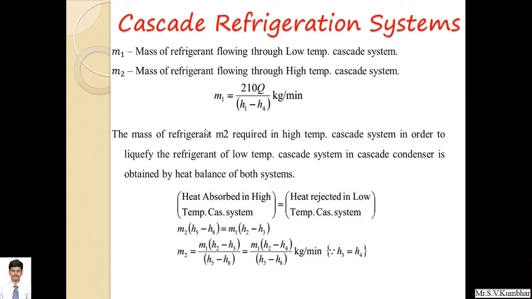The mass of refrigerant M2 required in the high temperature cascade in order to liquefy the refrigerant of the low temperature cascade in the cascade condenser is obtained by balance of both systems, that is, heat absorbed in the high temperature cascade system is equal to heat rejected in the low temperature cascade system, which we can equate: M2 into H5 minus H8 is equal to M1 into H2 minus H3. So M2 is equal to M1 into bracket H2 minus H3 divided by H5 minus H8, which is equal to M1 into H2 minus H4 divided by H5 minus H8. Here H3 is equal to H4.